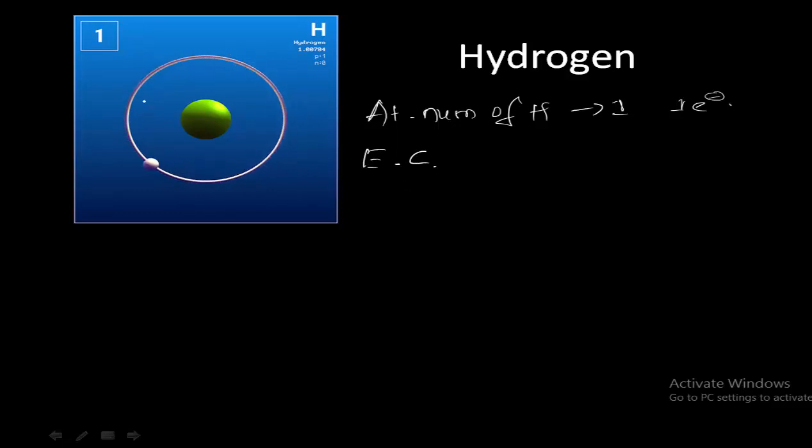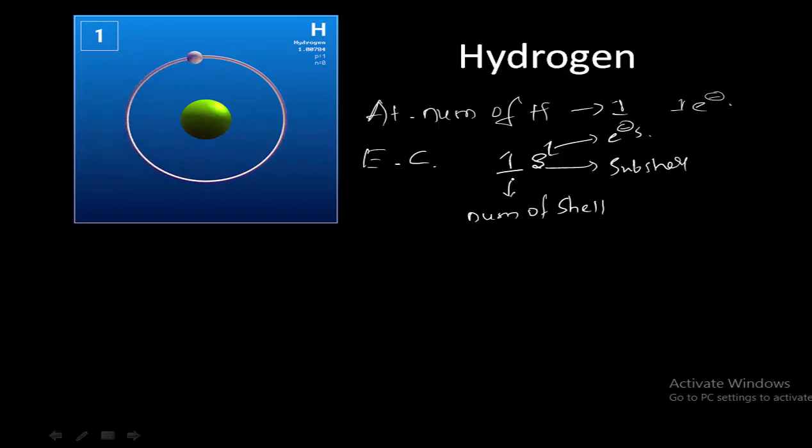Here you can observe only one shell is there, that is considered the first shell, and 1 electron is there. If 1 electron is in the first shell, only 1 subshell is there, that is s, and that one electron will occupy the s subshell. So this 1 represents the number of shell, s represents the subshell, and the superscript indicates electrons.